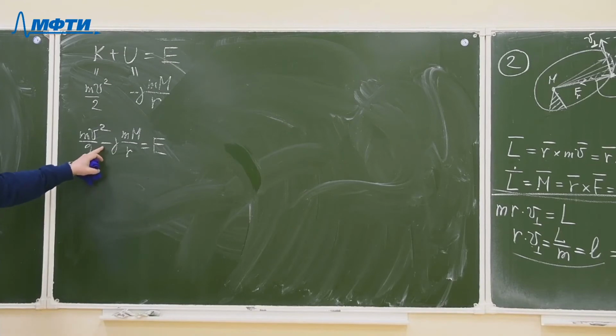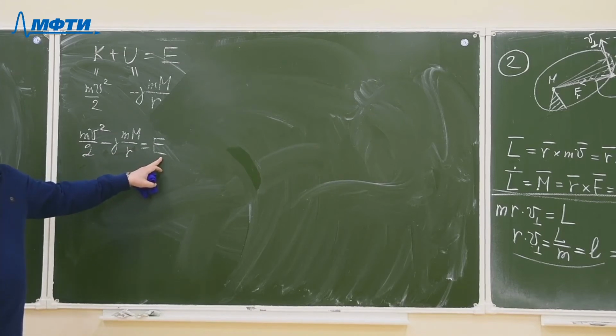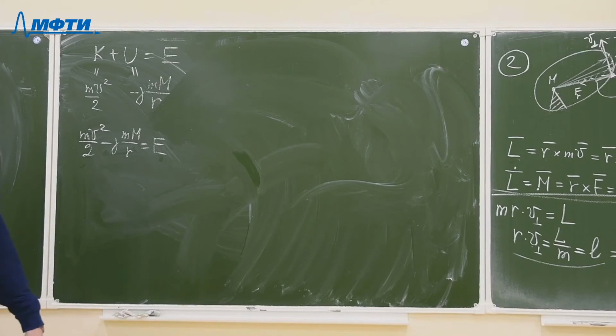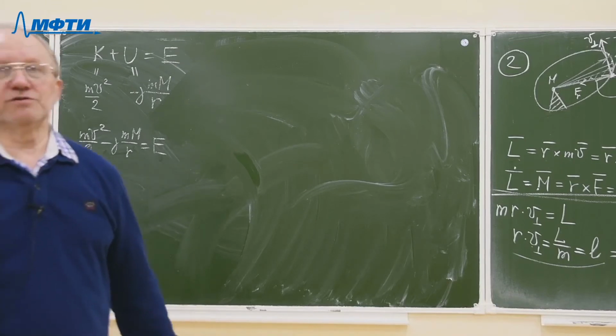What energy? Kinetic and potential. Yes, this is a total energy. But we didn't take into account the internal energy of the planet. Internal energy? Well, yes, we don't take it into account because it doesn't change.